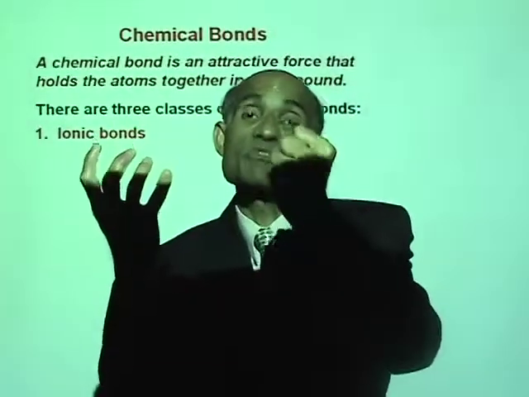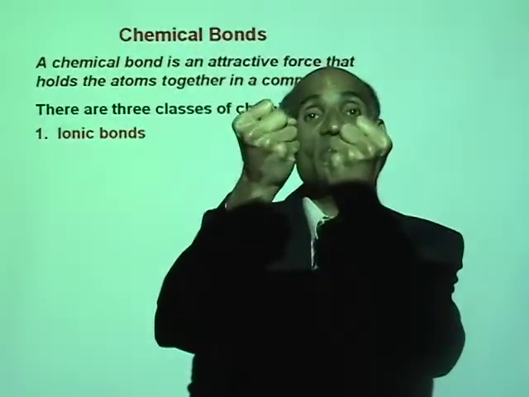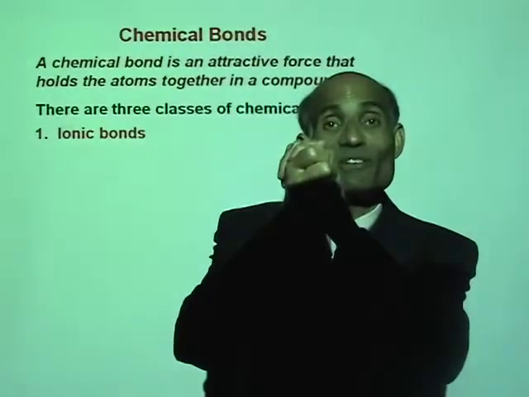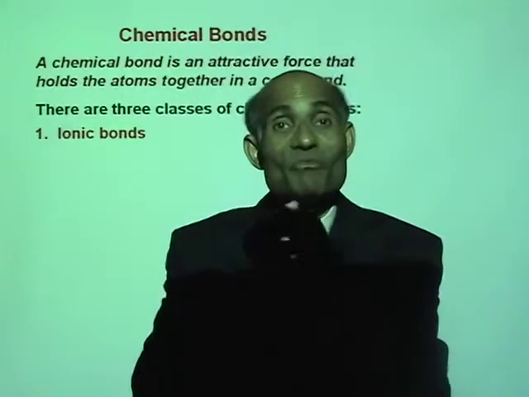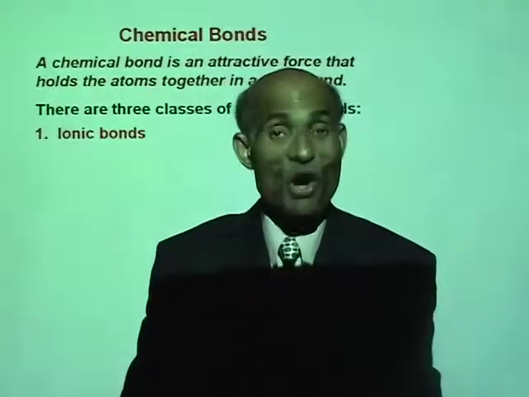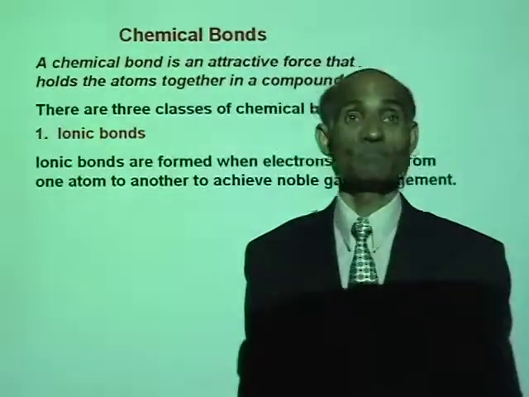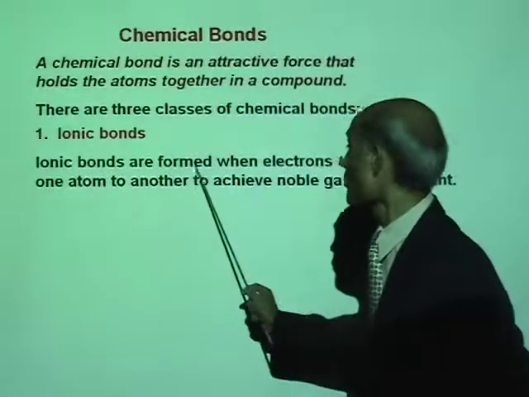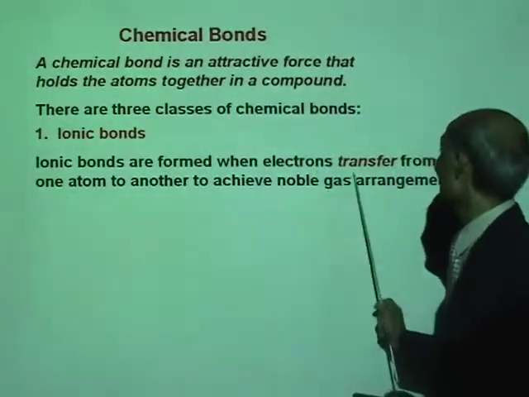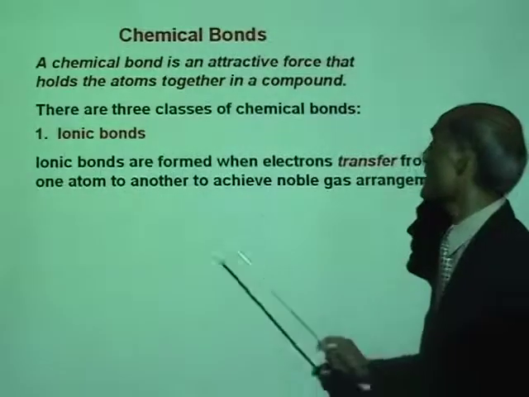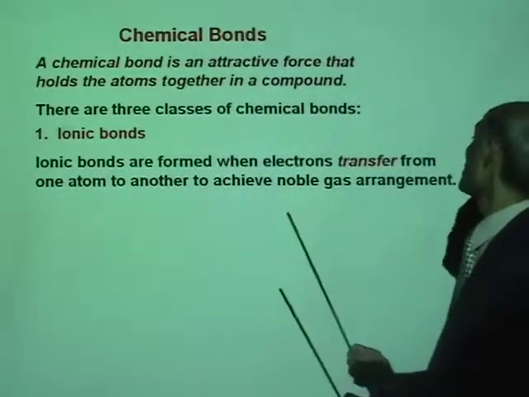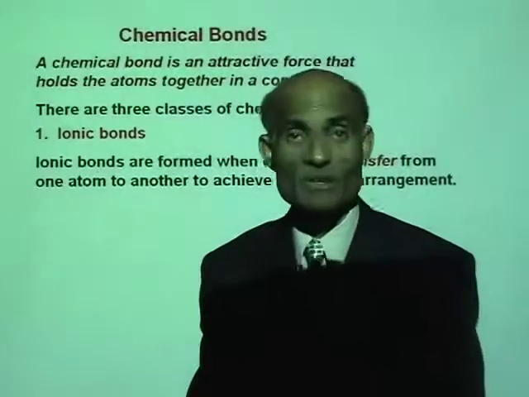When a positive ion and a negative ion are brought together, they attract each other and stay together by forming what is called an ionic bond. Ionic bonds are formed when electrons transfer from one atom to another to achieve a noble gas arrangement.